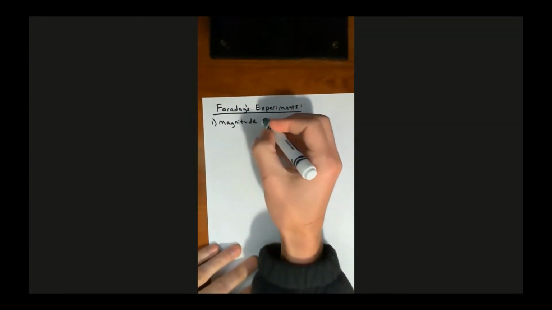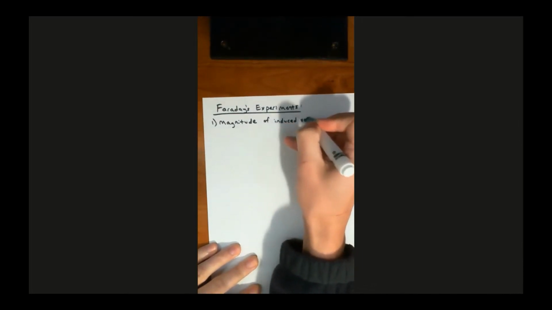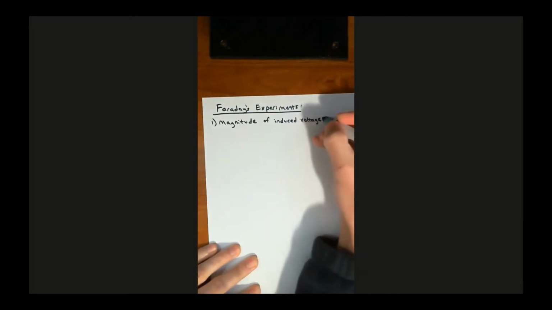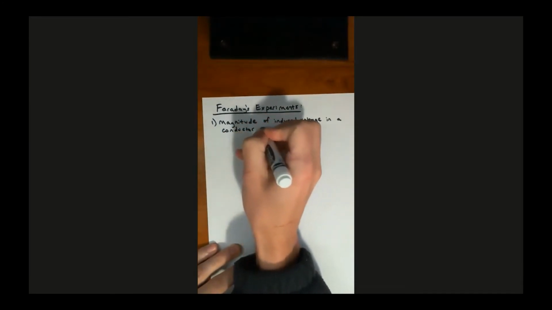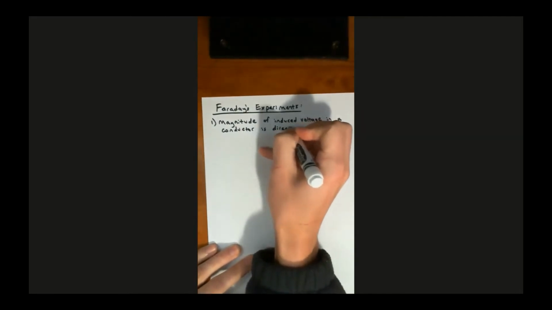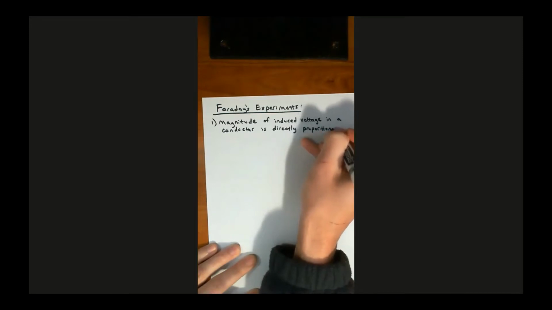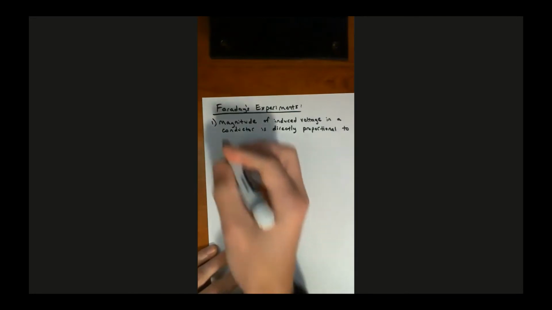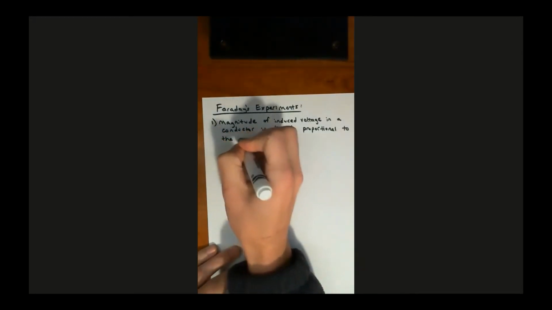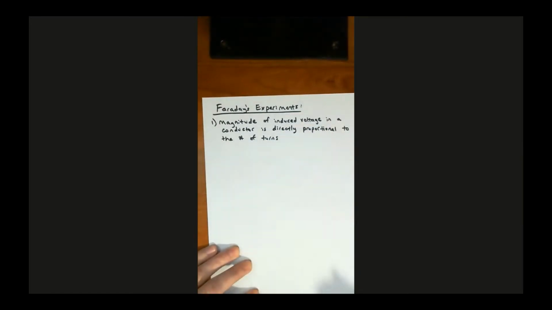So the magnitude of the induced voltage in a conductor is directly proportional to the number of turns of wire in a coil, to the number of turns. Turns is the term that we use most typically.